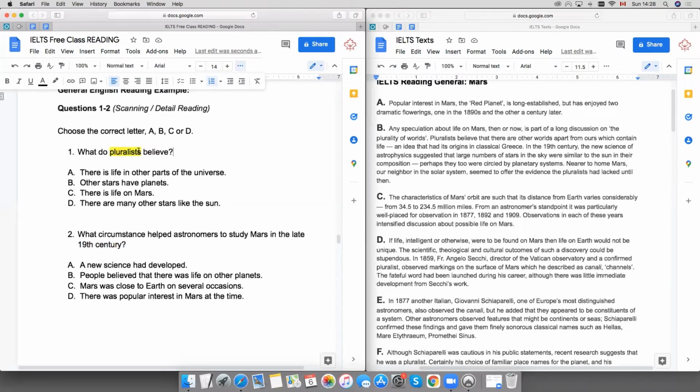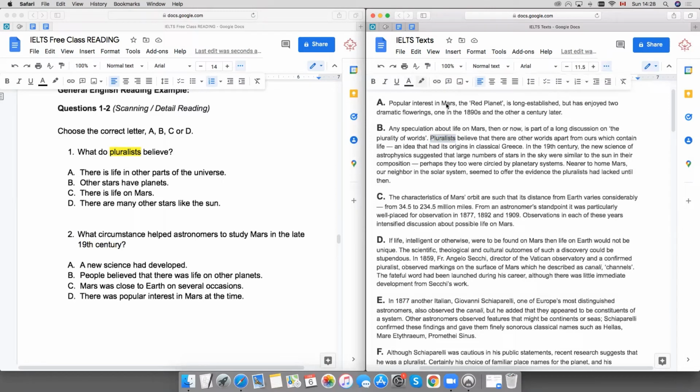So what do pluralists believe? We're going to not skim anymore. We've already done our skim reading. Now we're going to scan with this keyword of pluralist. So we're going to go through paragraph A. There's not much there. We don't see anything useful. But as we go down to B, we immediately do find pluralists here, right? So that's an indication, of course, that we're in the right place.